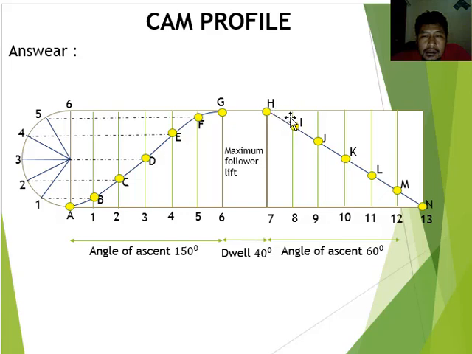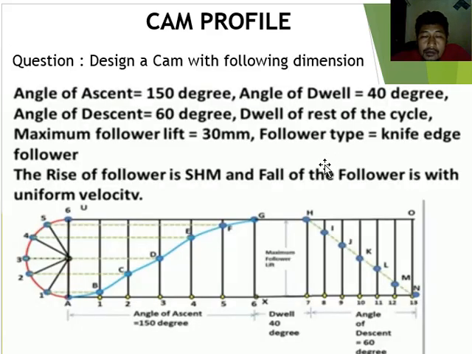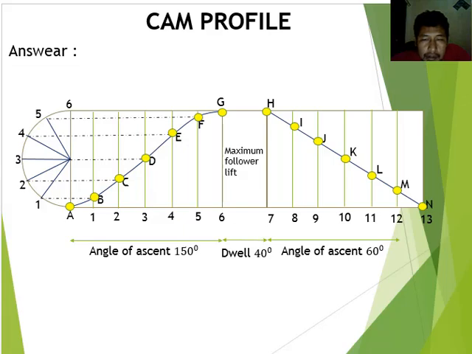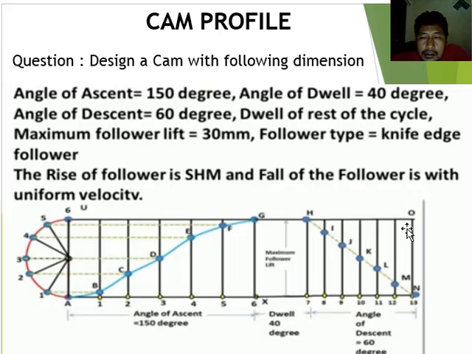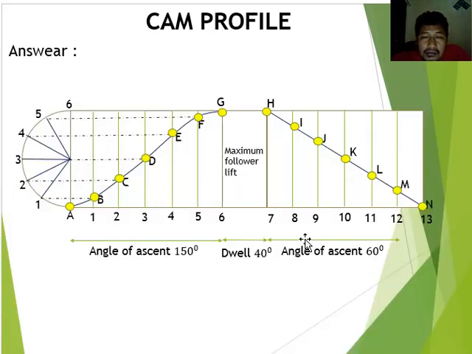And the last condition is fall. The fall motion uses uniform velocity. You define the angle for the fall as 60 degrees. You can divide it into 6 parts, like this.